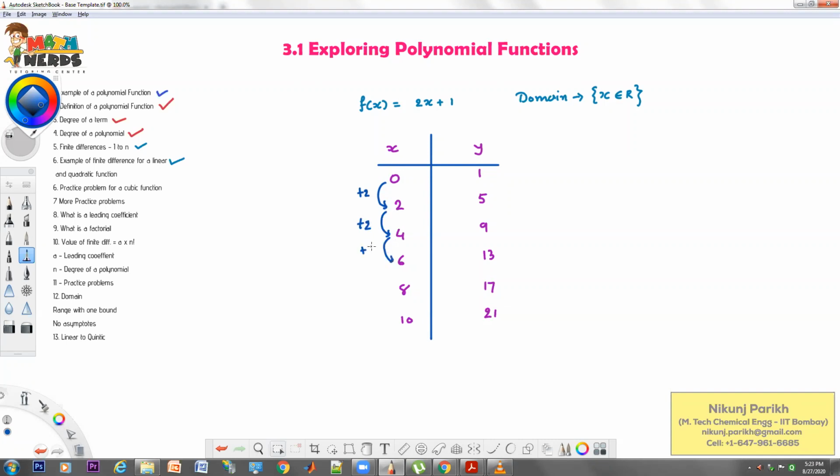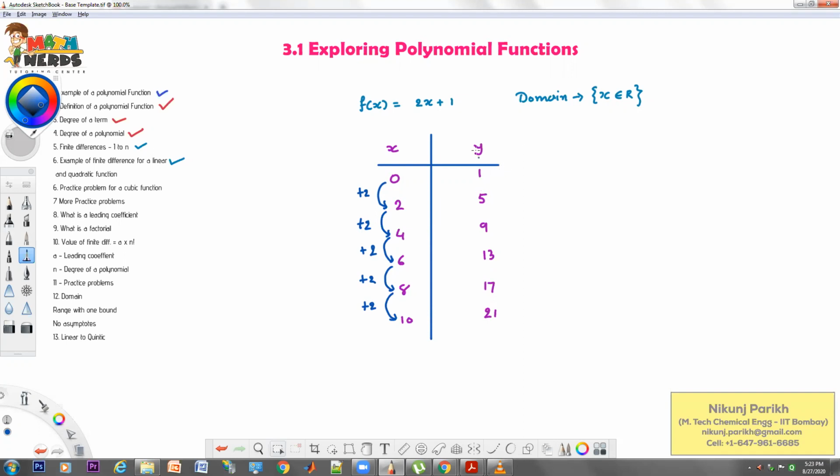You cannot have uneven distribution on the values for x in this table. When you have evenly distributed x values, then you can check the y values.